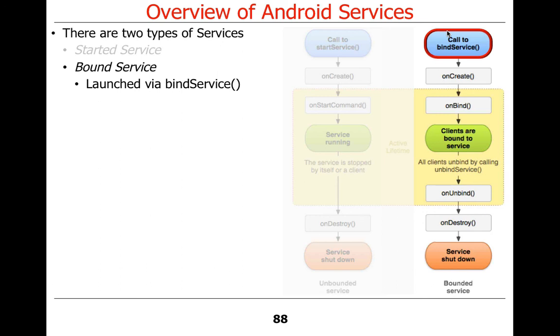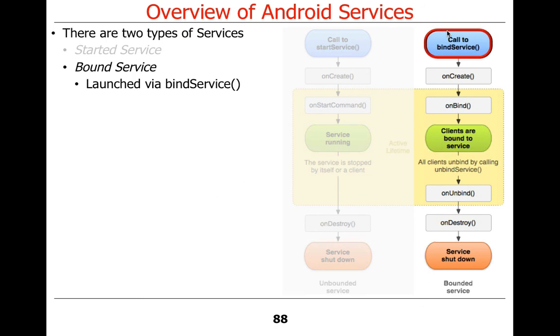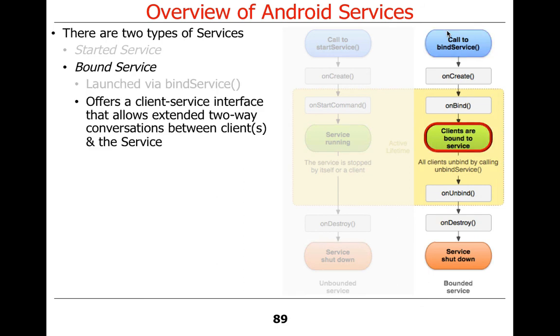And bound service is a little bit different. Actually, it's quite a bit different than a started service. The main reason why it's quite a bit different is it actually kicks off a handshake between the client that invoked the bound service and the service that's being started, even though it's bound.